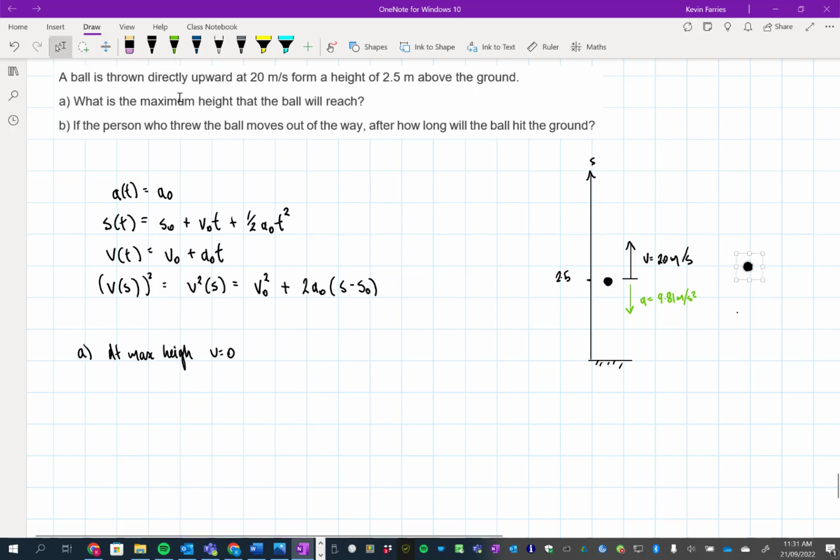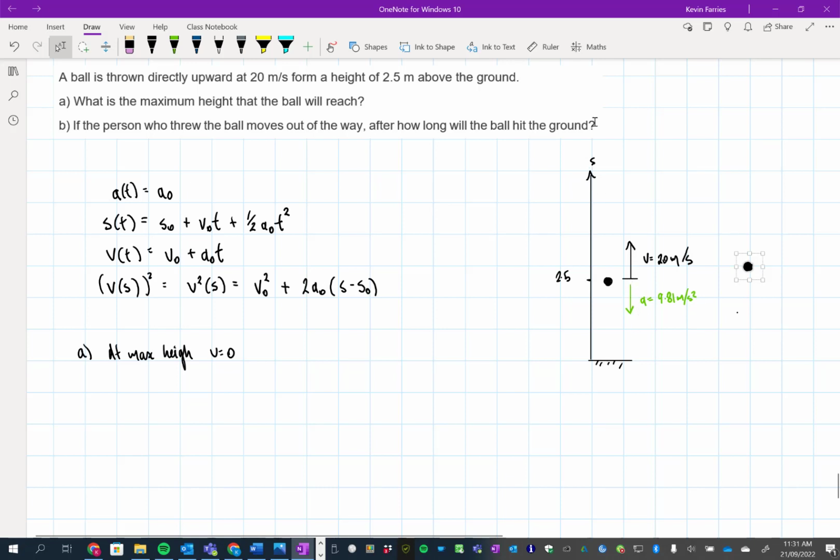And we're asking, what's the maximum height? So it's the distance we want. And so it's going to be this equation here that we're going to use. So we're going to know that the velocity we're interested in is going to be 0. And then we know the initial velocity is 20. We know the acceleration. It's minus 9.81 meters per second squared in this case.